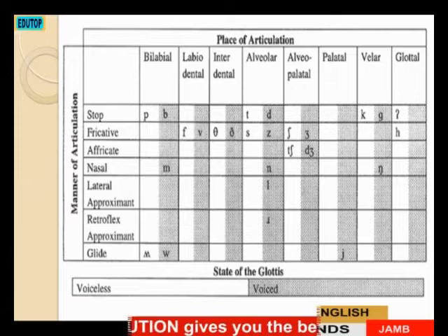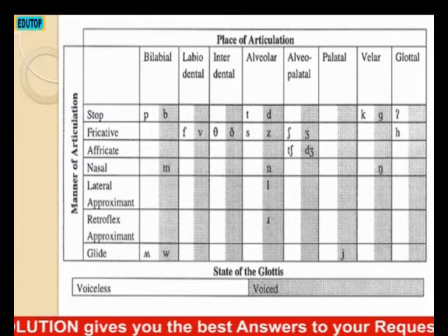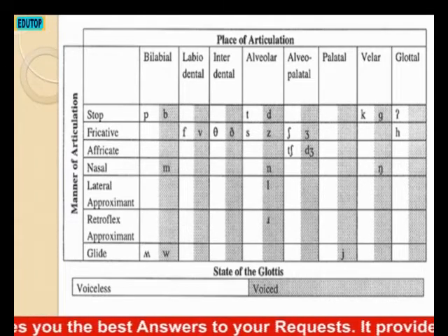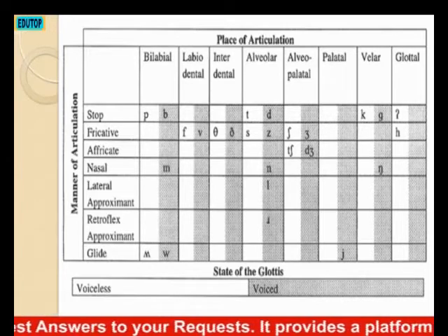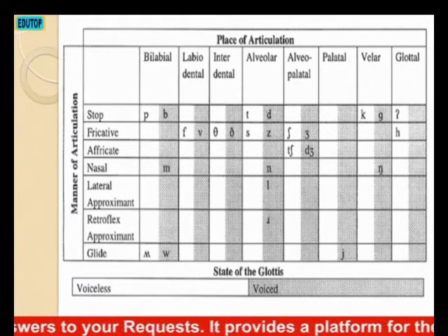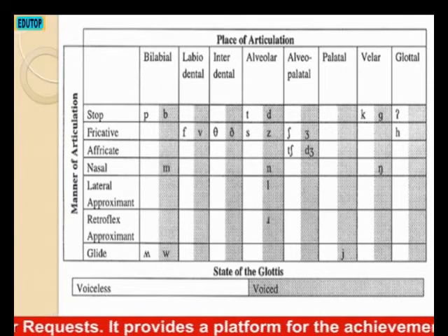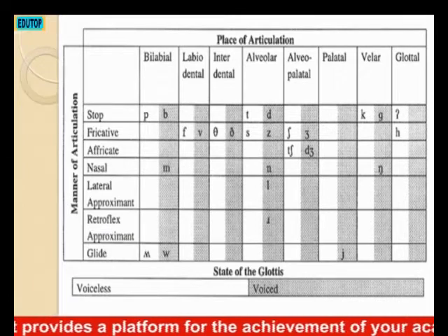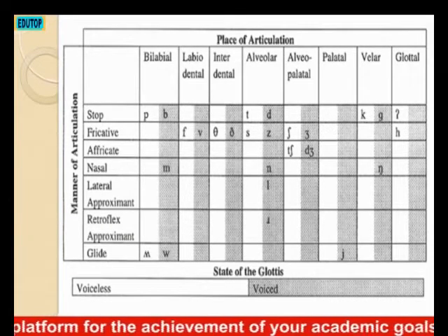Lastly, we have the state of the glottis. This describes whether a sound is voiced or voiceless. So those sounds with light background are voiceless sounds, while the ones with shaded backgrounds are voiced sounds. So if we are to describe these sounds, we are going to pick them one after the other based on where they appear.